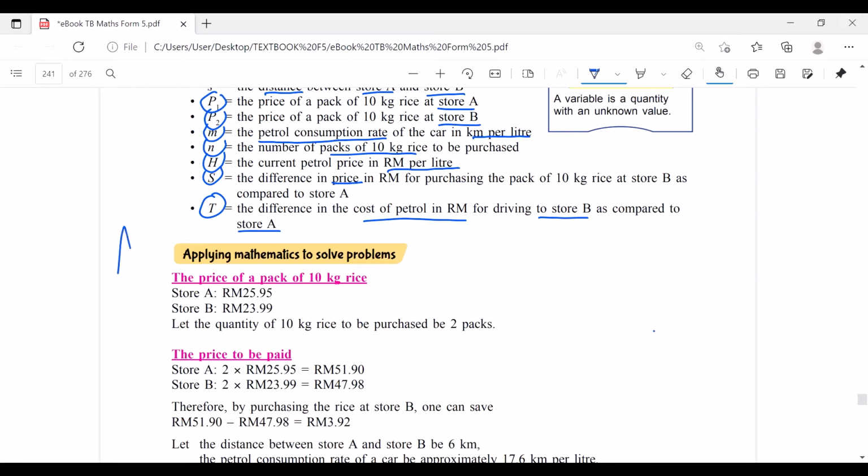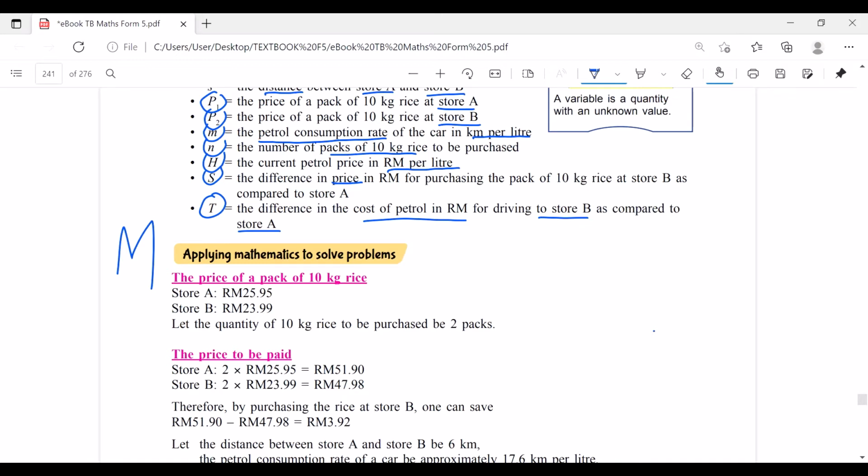Now you will apply mathematics. The third one is M, mathematics, to solve problems. Applying mathematics to solve problems.